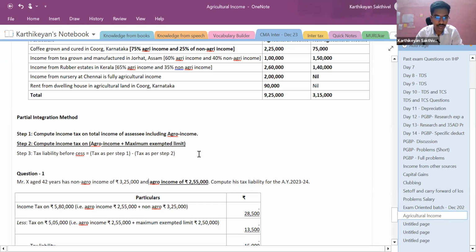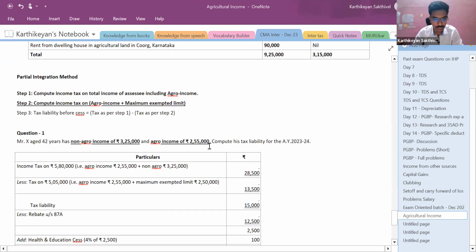First step, what should I do? I should take both agricultural income and non-agricultural income, add both and compute the tax. So on 5,80,000 I have to compute tax.